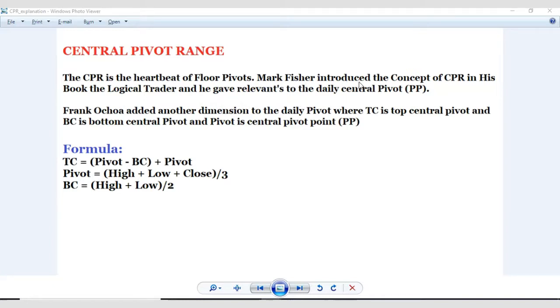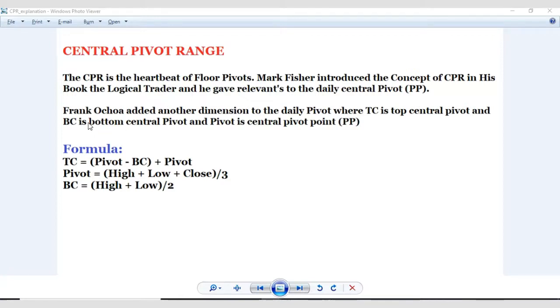Mark Fisher introduced the concept of CPR in his book The Logical Trader, and he gave relevance to the daily central pivot, that is called PP. Most of the guys who follow pivot levels know about the PP, but some of them never get into the depth, so they don't know about the CPR, which is the actual thing.